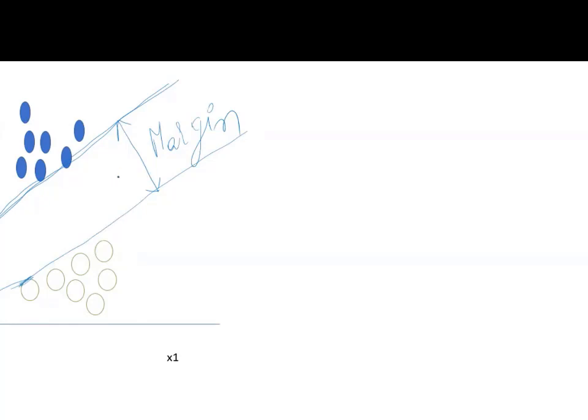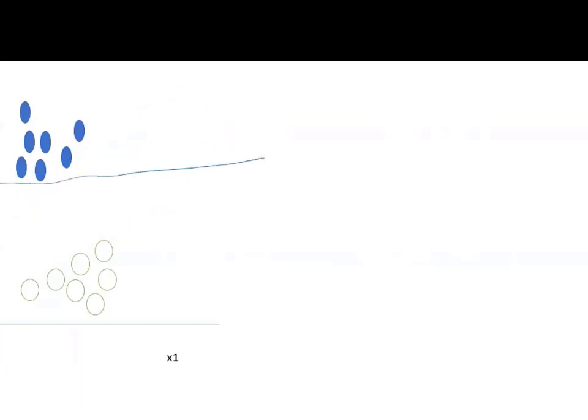You can have any number of lines like this. This is one. See, this is another line which also touches this and touches that. This is called another margin.